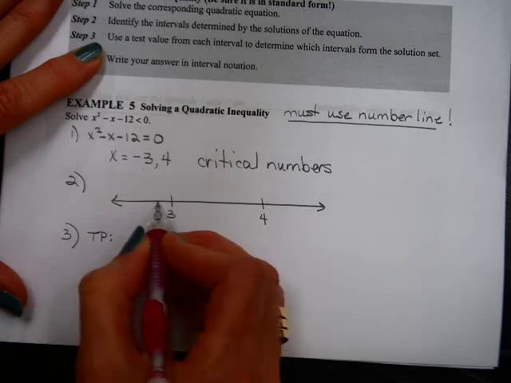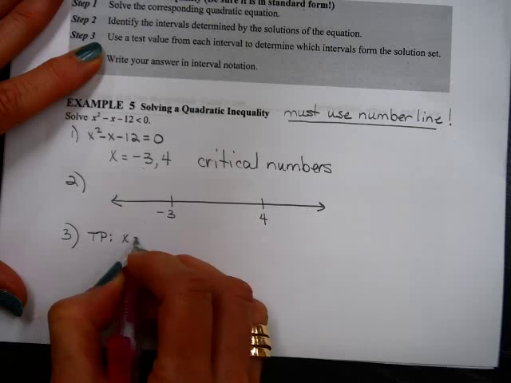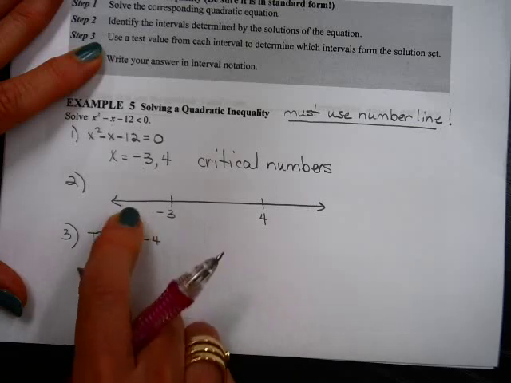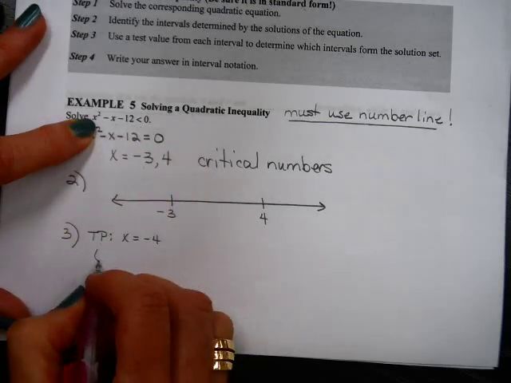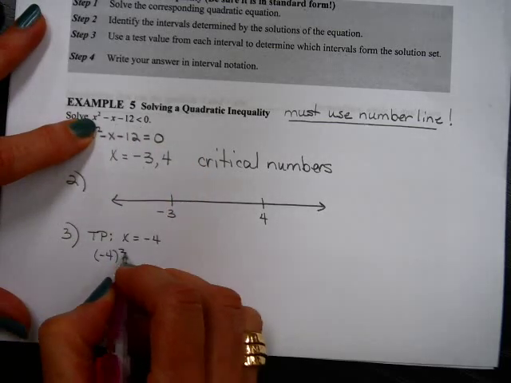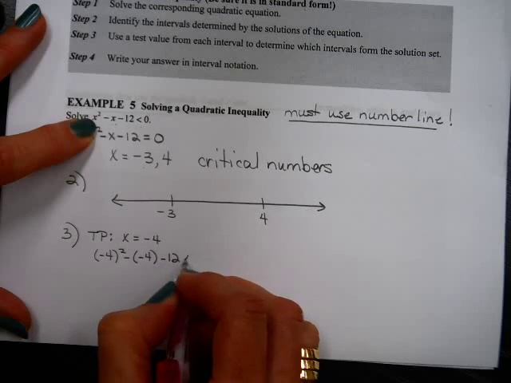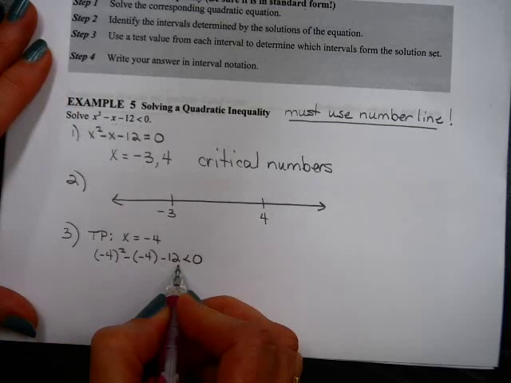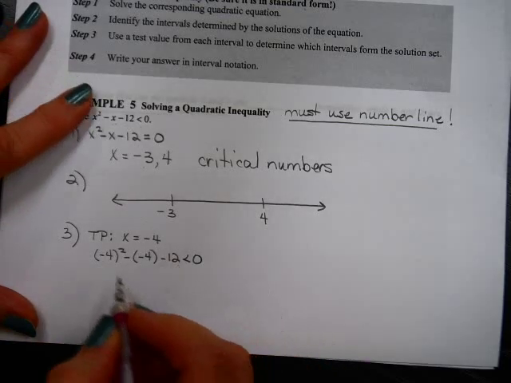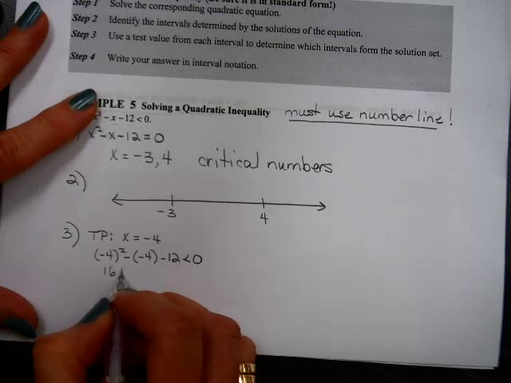So for a test point down here below -3, let's choose x equals -4. It's down here somewhere. Put it in your inequality. -4 squared minus -4 minus 12 is less than 0. Put this in your calculator or use your algebra to figure out what this is, but -4 times -4 is 16.